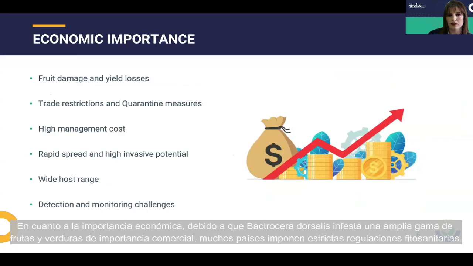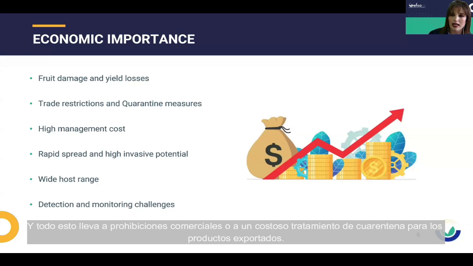Regarding the economic importance, because Bactrocera dorsalis infests a wide range of commercially important fruits and vegetables, many countries impose strict phytosanitary regulations against it, and this all leads to trade bans or costly quarantine treatments for exported produce.